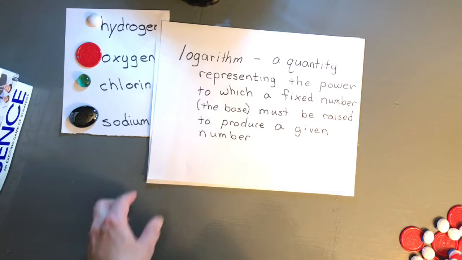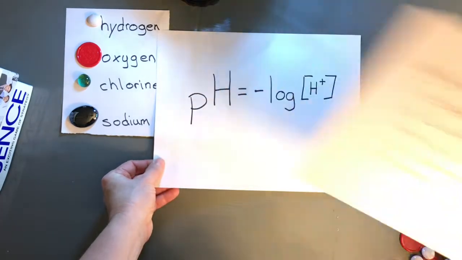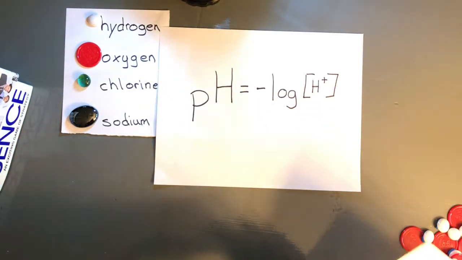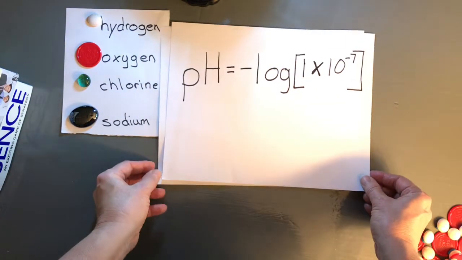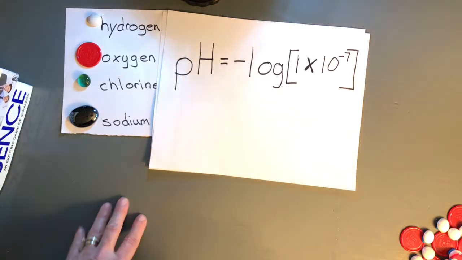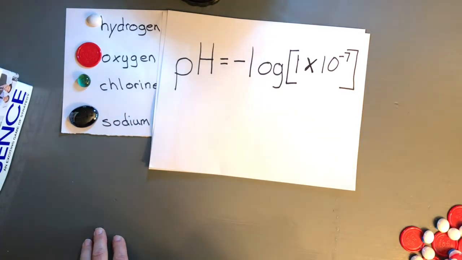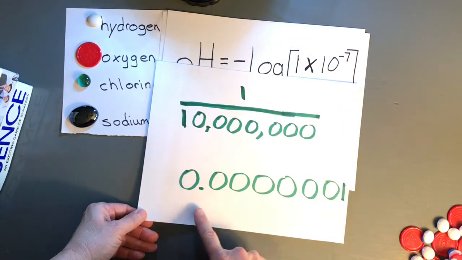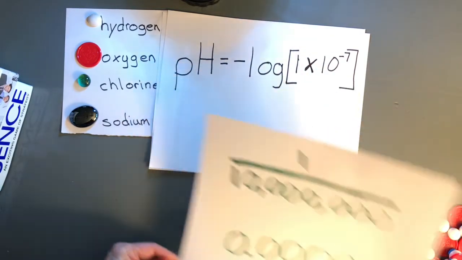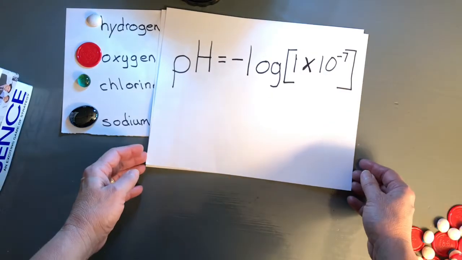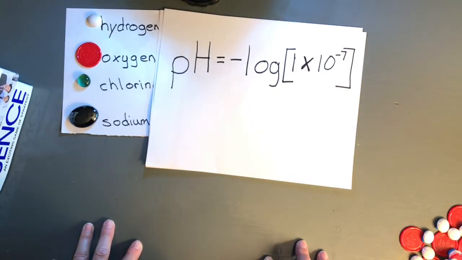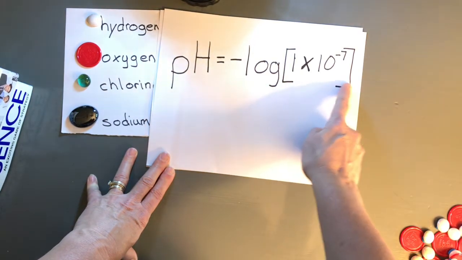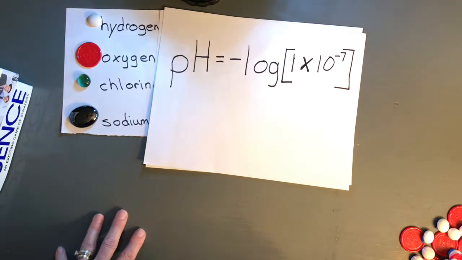Well, we know that pH is negative the logarithm of hydrogen ions, and we know that the concentration of hydrogen ions is about 1/10,000,000th, or 1 times 10 to the negative 7th moles in a single liter. So the pH of pure water is going to be negative the log of 1 times 10 to the negative 7th.